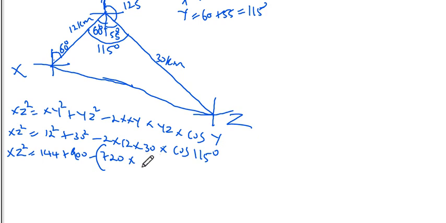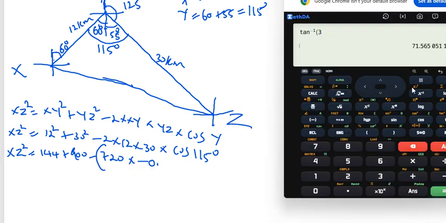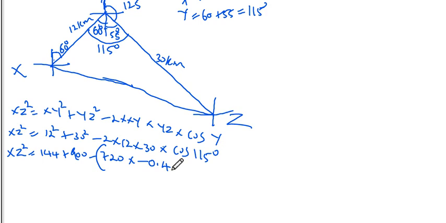It's in the second quadrant, so cos is negative. Let me see my calculator. Cos 115 is minus 0.423. Let's leave it at this.